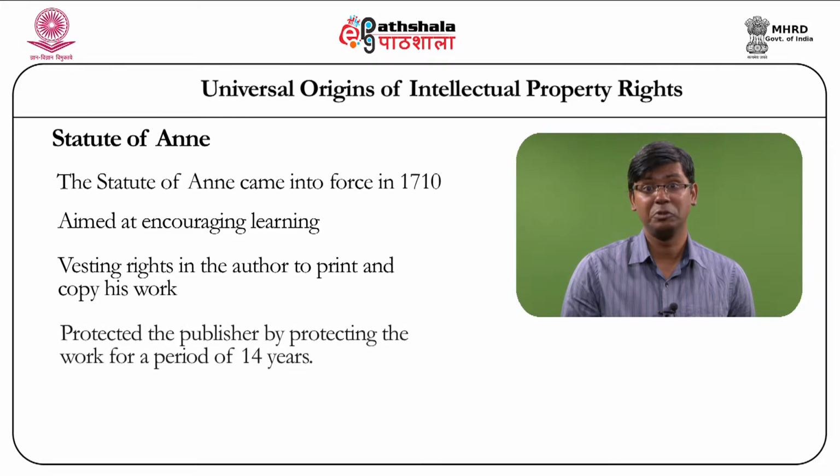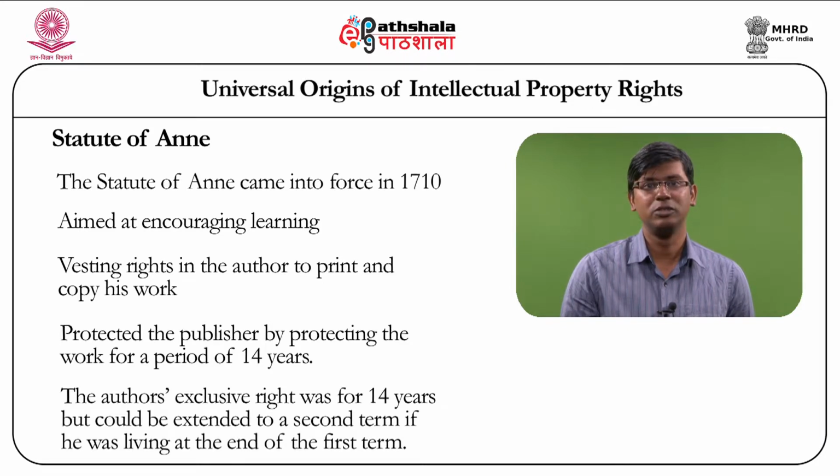It protected the publishers by protecting whatever they published for a period of 14 years. The author's exclusive right was largely for a period of 14 years, but it could be extended to a second term of 14 years if the author was alive at the end of the first term.